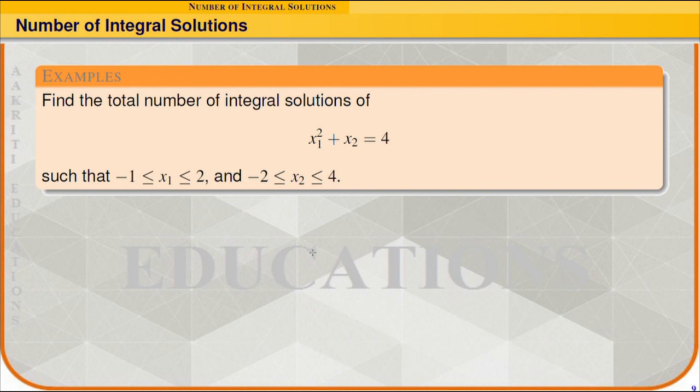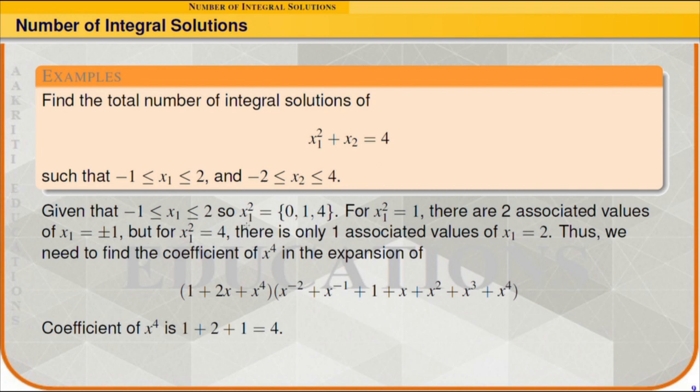Similarly, we are given the equation x1 square plus x2 is equal to 4 with the same constraint as in the previous example. x1 is from minus 1 to 2 and x2 is from minus 2 to 4. So if x1 is between minus 1 and 2, then x1 square will take values 0, 1 and 4.